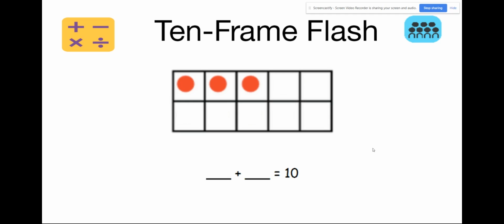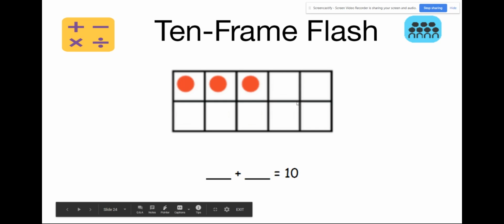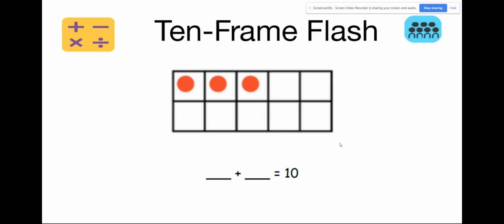I see 3 chips. How many more do I need to equal 10? Well, 3 plus blank equals 10. I have 5, 6, 7 spots left because 3 plus 7 equals 10.